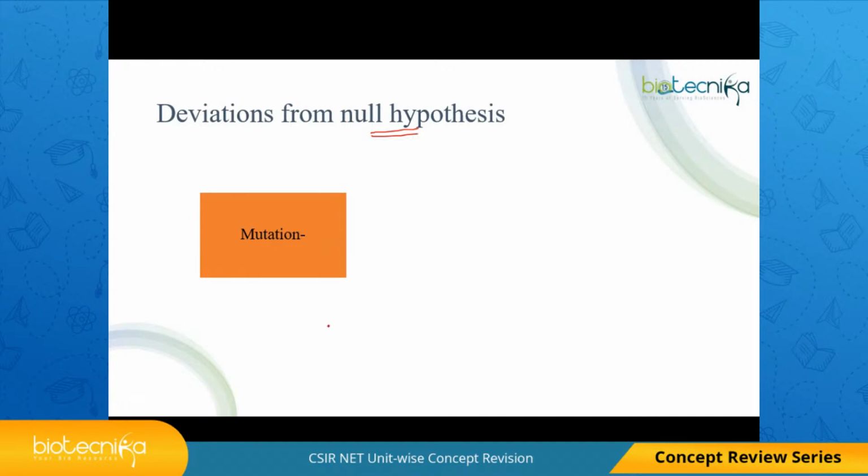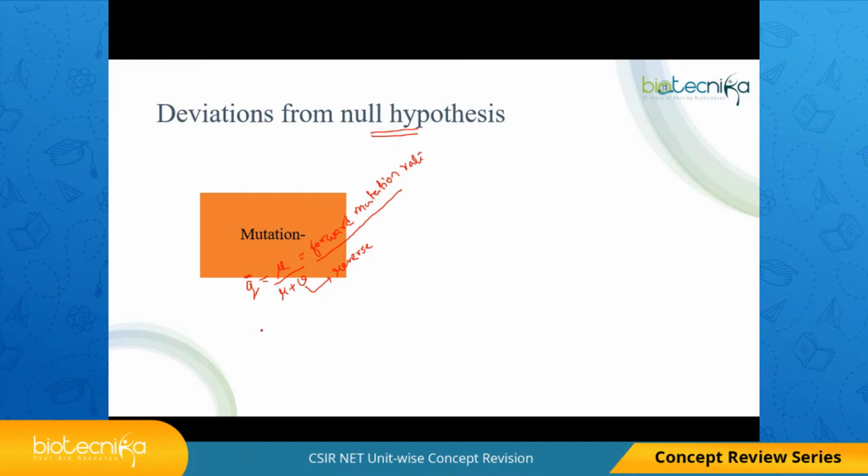Now, because of mutation, the new allele frequency, which is depicted as q prime, okay, I'm talking with respect to the recessive allele, is calculated as mu by mu plus nu, where mu is equal to the forward mutation rate, and nu is your reverse mutation rate. All right.